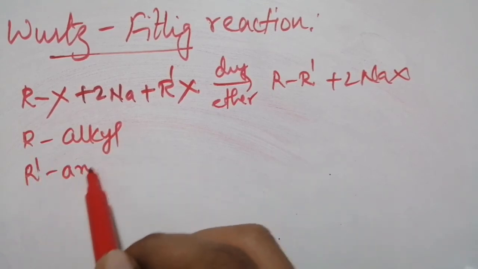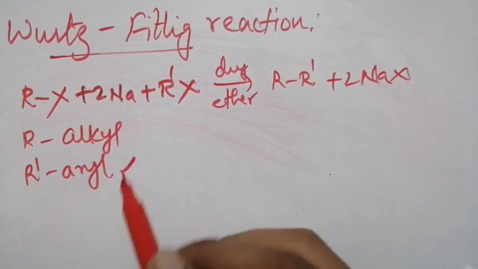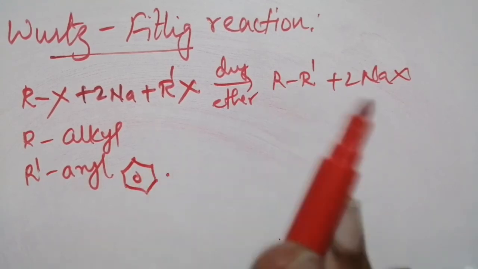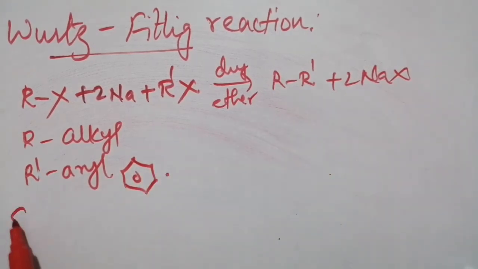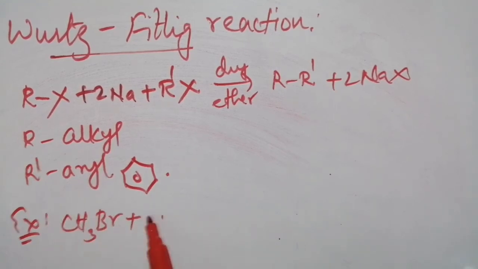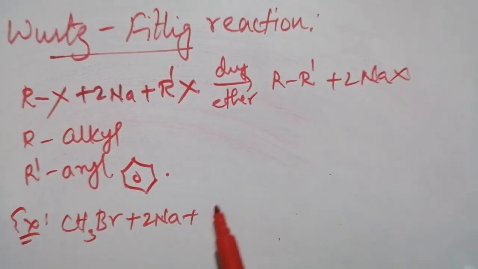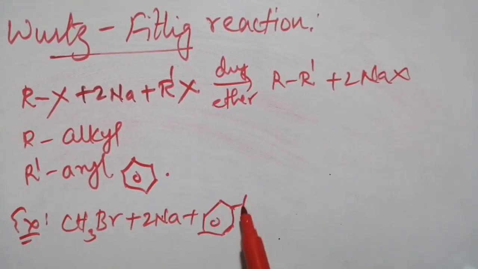My R' will be an aryl group, that is containing a benzene ring. For example, in this RX, that is CH3Br, I will take plus 2Na plus, this is a haloarene. We will see it in next coming classes.